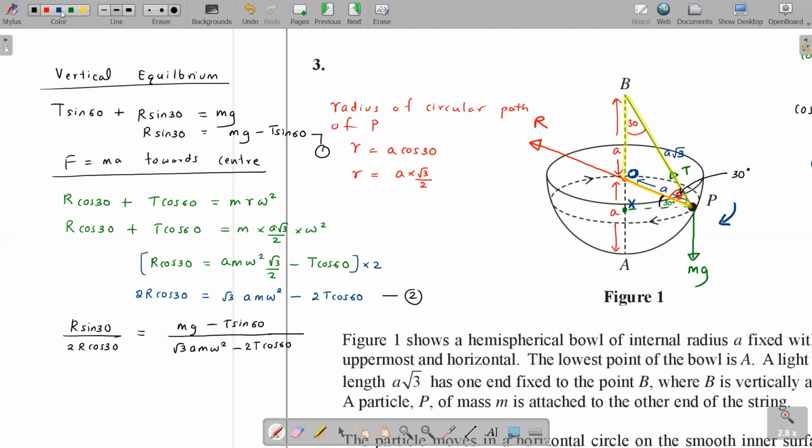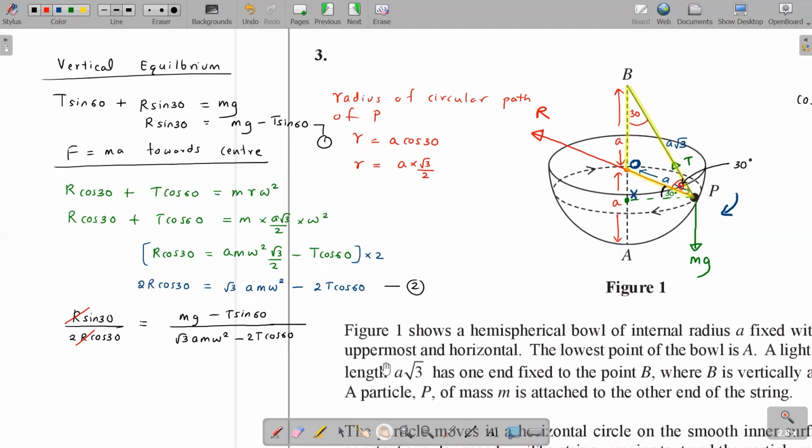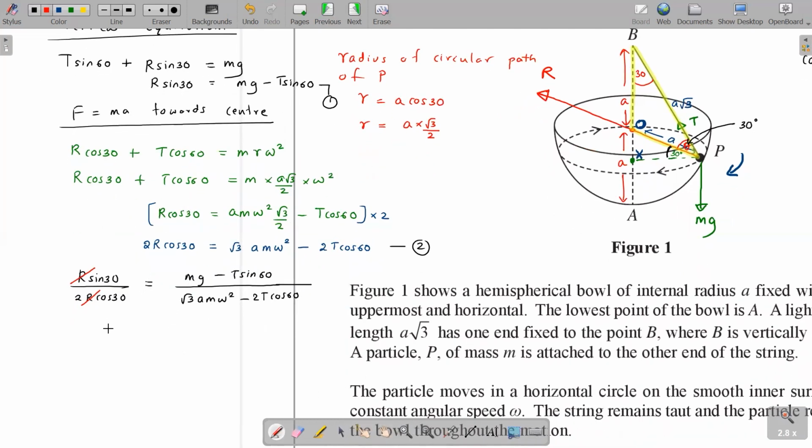So now it's a matter of simplifying. You can see the reason I made R the subject is that now when I divide, I can cancel R and R. Can you see? Sine 30 over cos 30 is tan 30. And there's a denominator, do not forget the 2, okay? mg minus T sine 60 over root 3 a m omega square minus 2T cos 60.